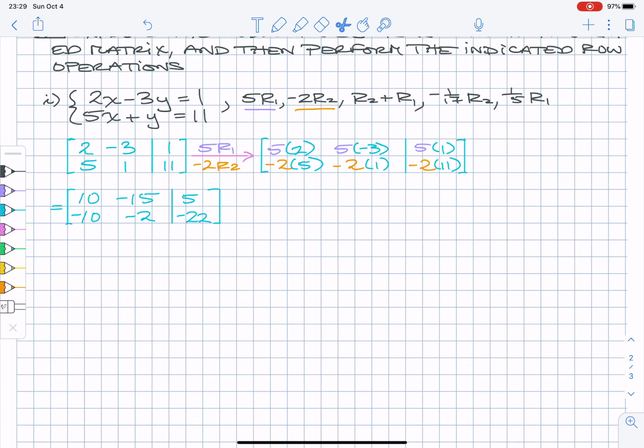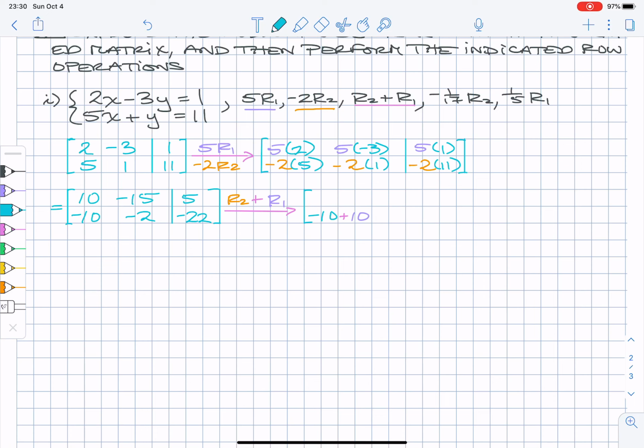Okay, so now the next step, let me move this so they're aligned. Let's go ahead and do row 2 plus row 1. What that means is that I'm changing the first row mentioned, and the first row mentioned here is row 2. So row 1 is going to stay the same. But row 2, which is now negative 10, we're going to add row 1, which is 10.